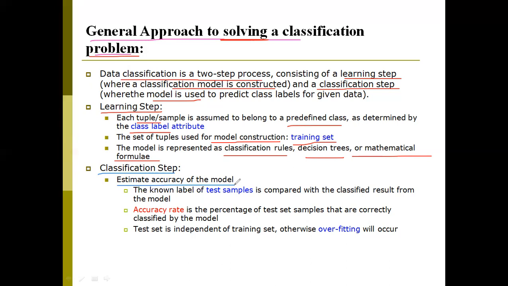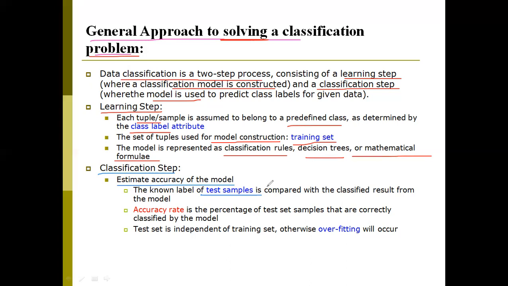Testing means we are going to find out the accuracy of that particular model. How do we check this accuracy? By applying some records to that model. Those records are called test samples or the test set. By applying the test set onto that model, we estimate the accuracy of that particular model.